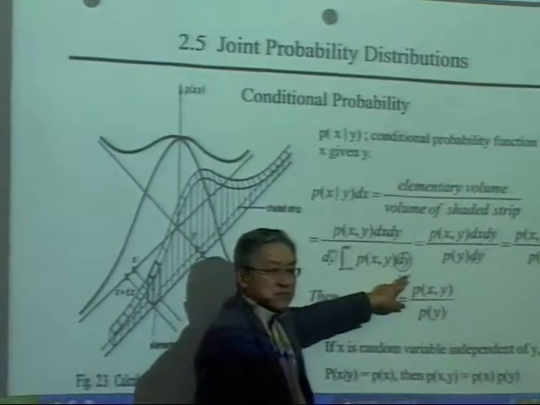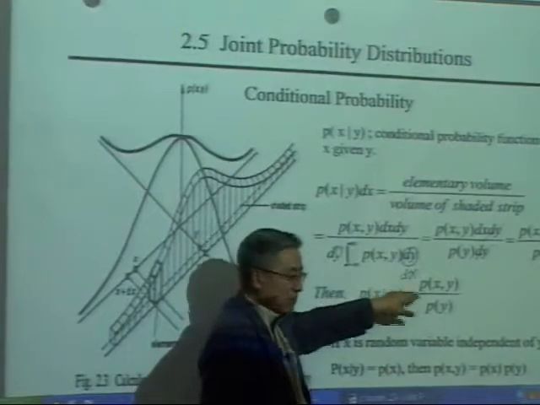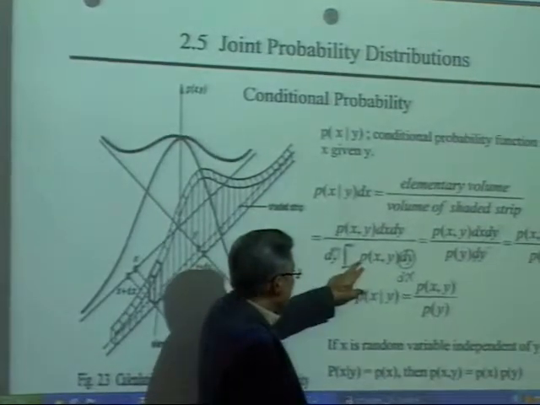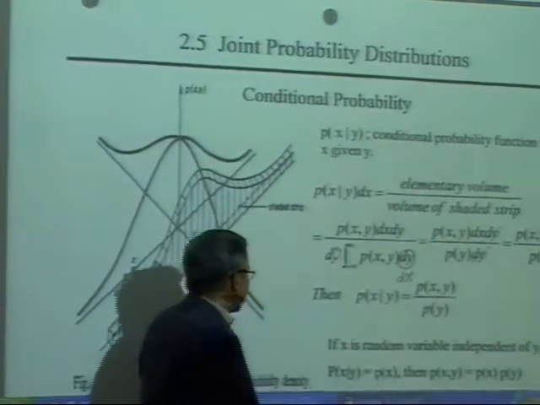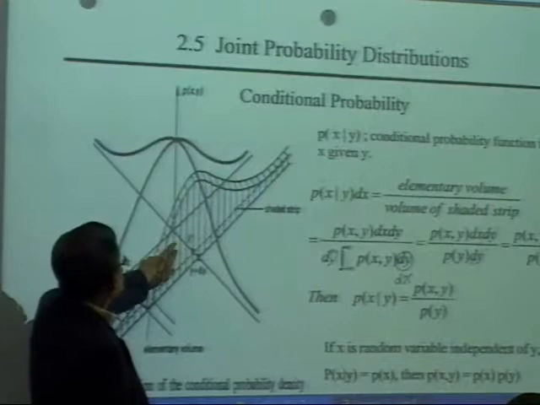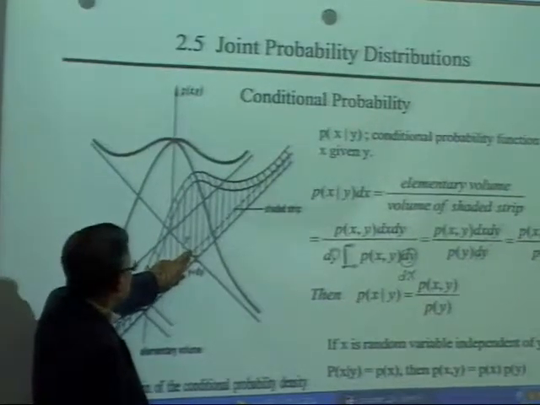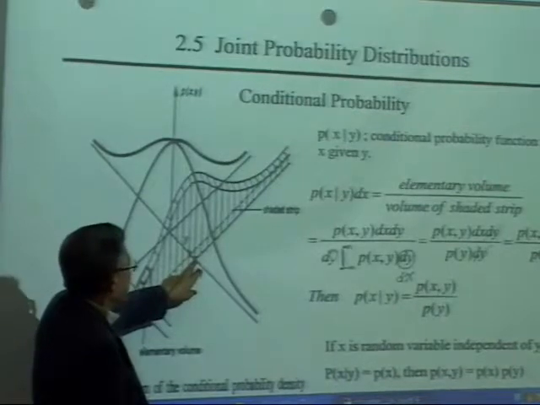As you look at this, the denominator is an integration. By the way, this is dx. I think I already made the correction. Joint probability times dx. The width here, this point is y, and this is dy.